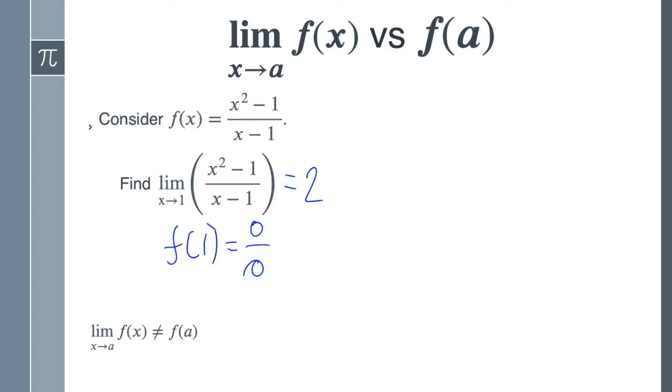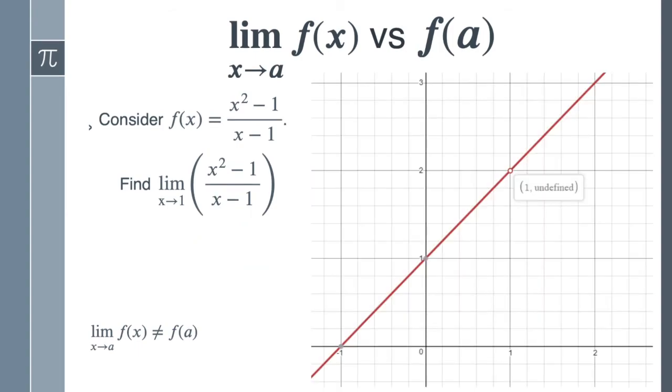And if we want to verify using the graph of this function, what you can see is something like this. I've made use of a graphing calculator, and you can see that at the ordered pair (1, 2), there is a hole, meaning there is a gap in that line. If we substitute 1 here, that's going to be a hole.